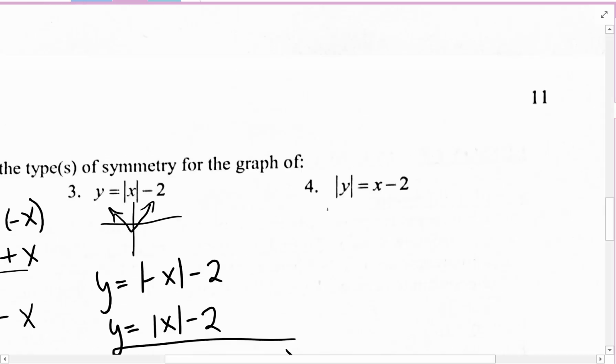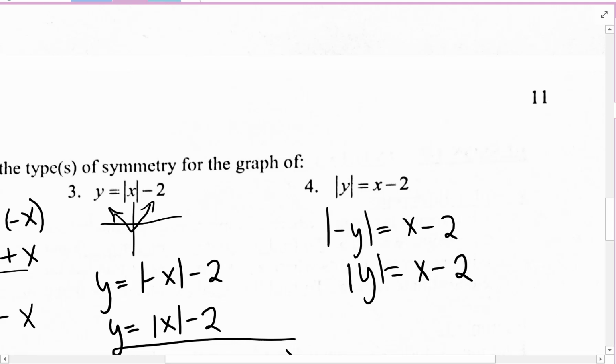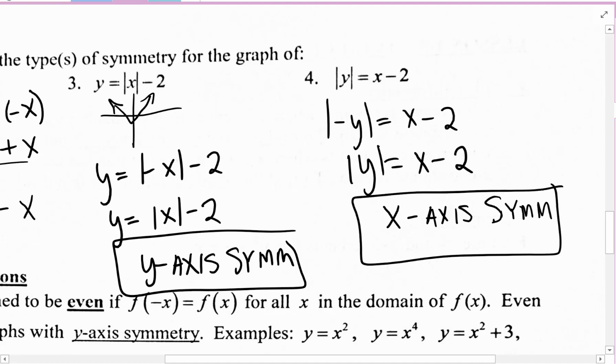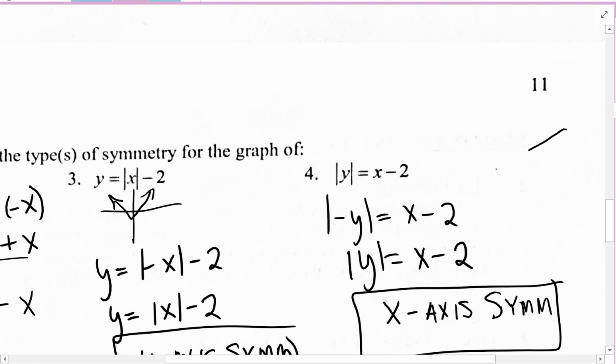And I know that if I am only changing the thing that's inside of the absolute value to negative, it's going to become positive anyways because of that absolute value. So yes, number 4 has x-axis symmetry, which also means it's not a function because it would not pass the vertical line test.